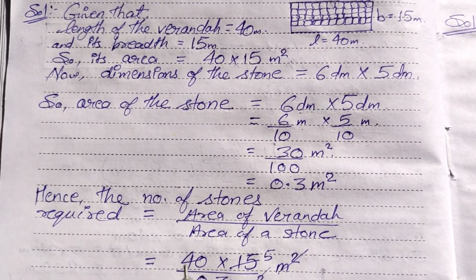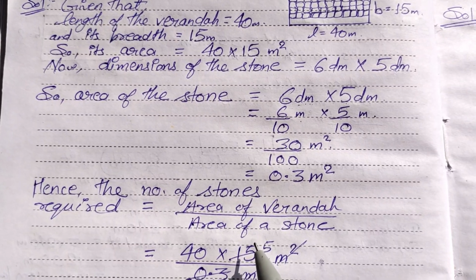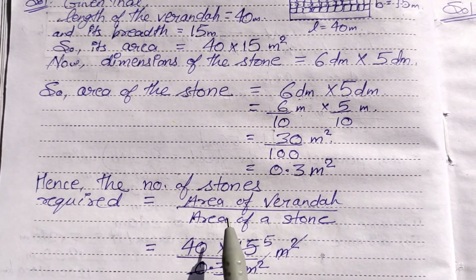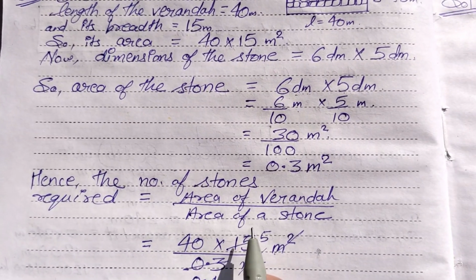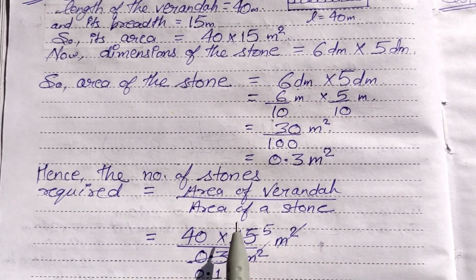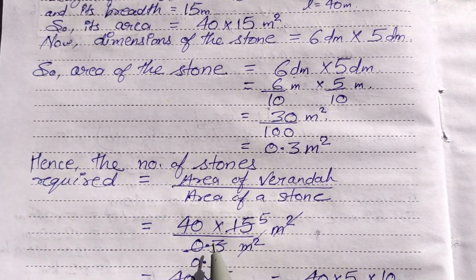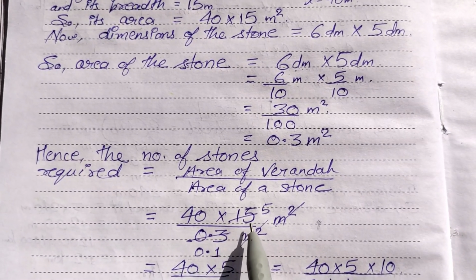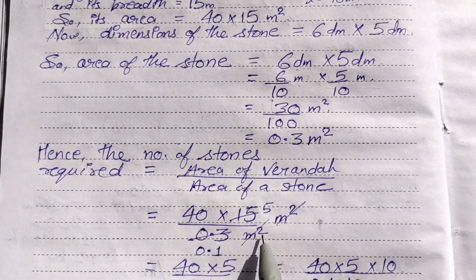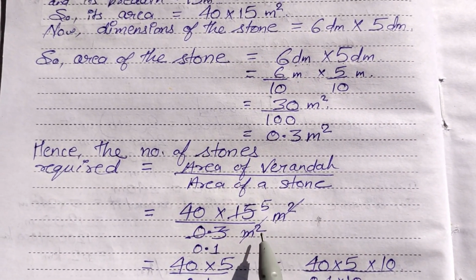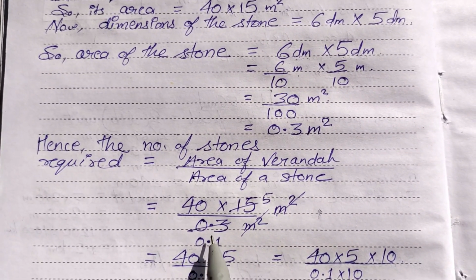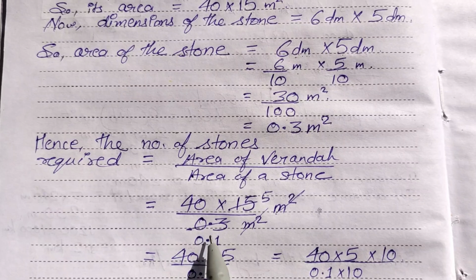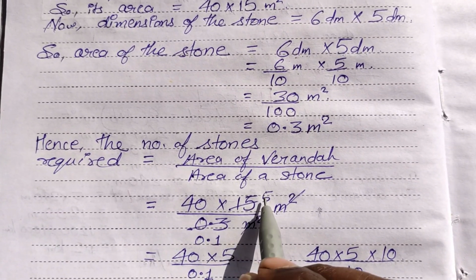Now here we have to find the number of stones in the veranda. So divide the area of the veranda by the area of a stone. So we have 40 multiplied by 15 upon 0.3 meter square. Cut the meter square. Now cut this with the table of 3, 0.1 and 5 times.